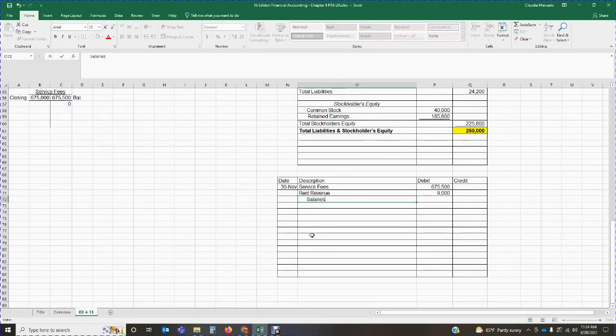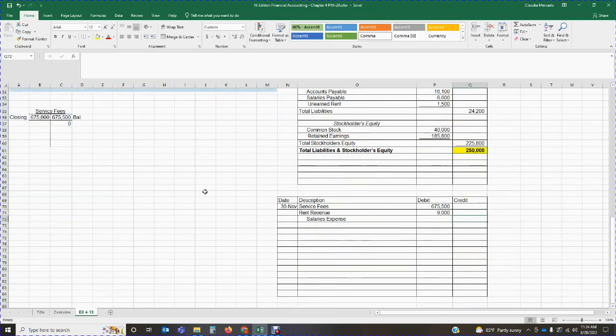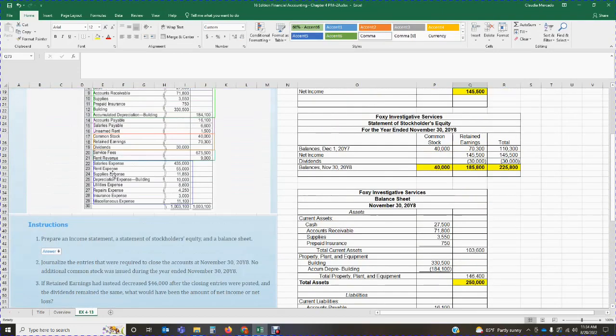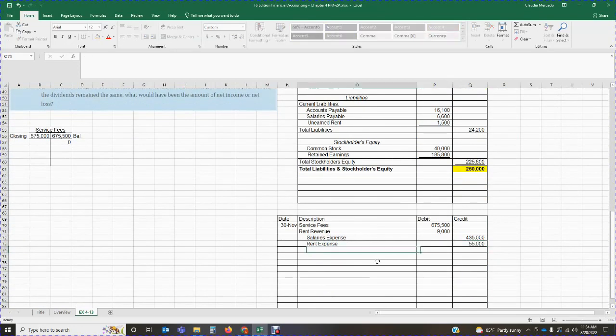So we have salaries expense. We're going to credit that. How much? $435. Okay. We have rent expense. Rent expense is $55,000. Okay. We have supplies expense.